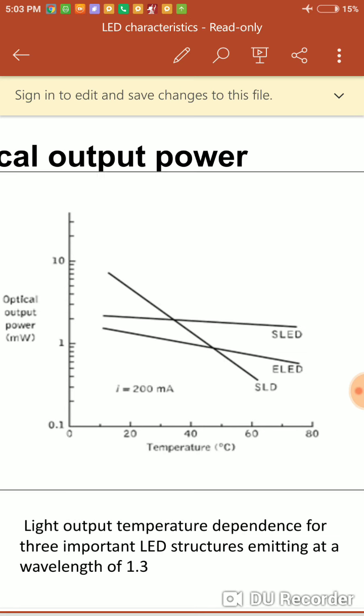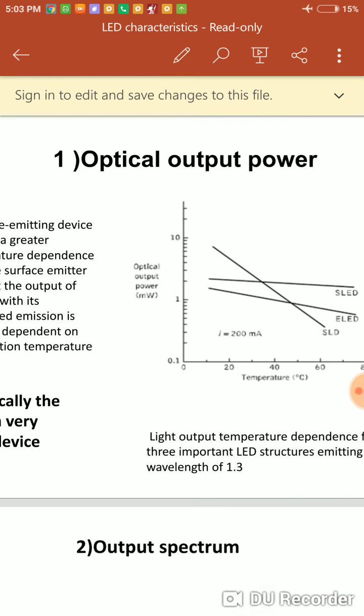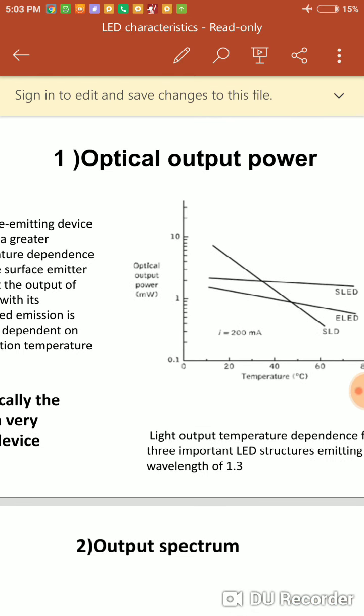So the output characteristics, if you see, in case of LED, as the temperature increases, the internal quantum efficiency of the LED decreases. This graph is about the output power versus the temperature. From this graph it is clear that as the temperature increases, the output power reduces gradually.